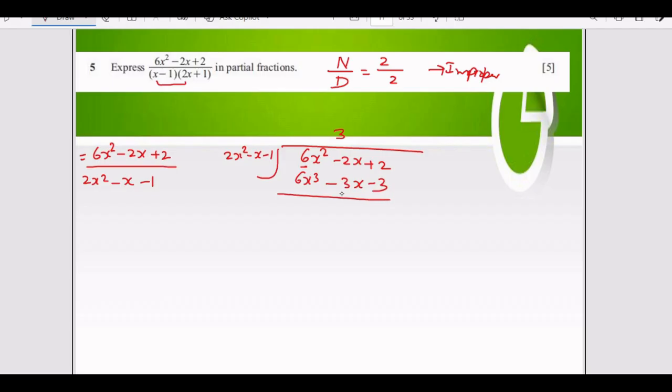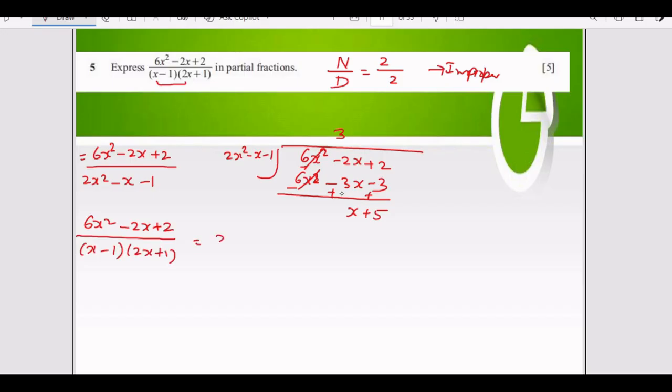Now changing the sign of the lower line, this is going to be minus, plus and plus. This was 2, so this and this cancel, so 3x minus 2x is x plus 5. So we got remainder x plus 5. So this expression 6x squared minus 2x plus 2, I will again go back to the form with the factors, because eventually we need the factors there.